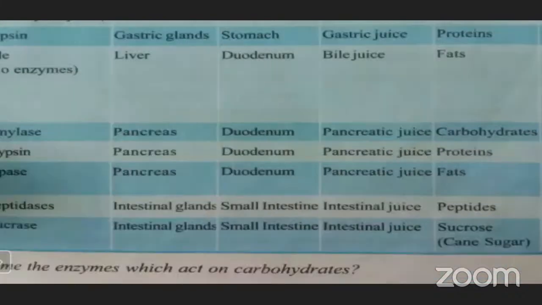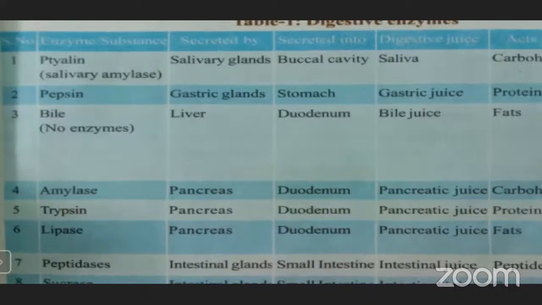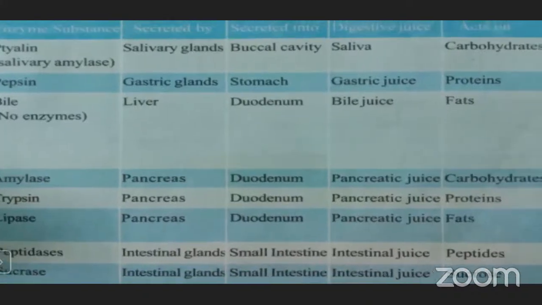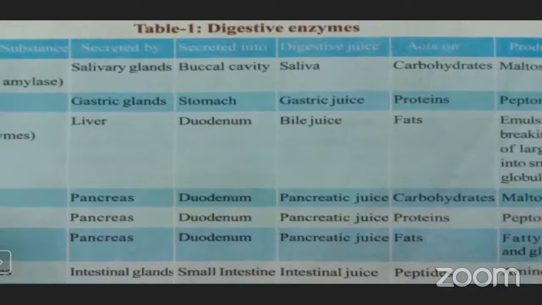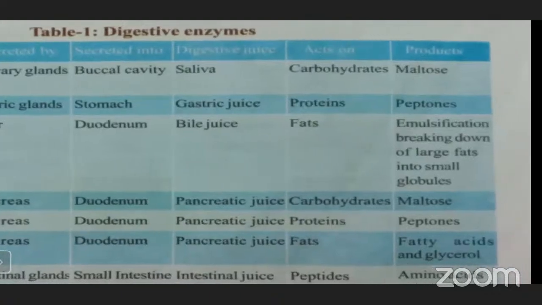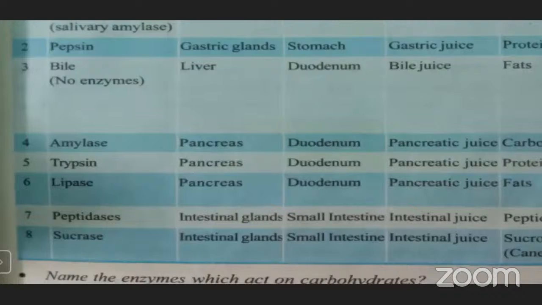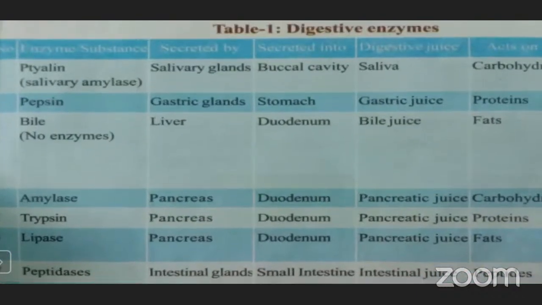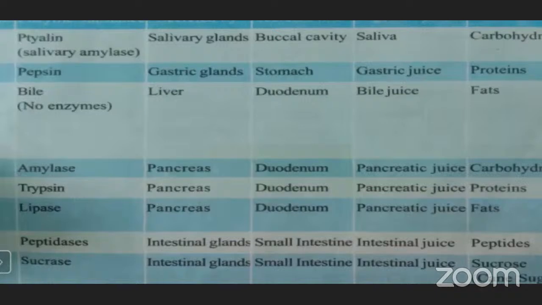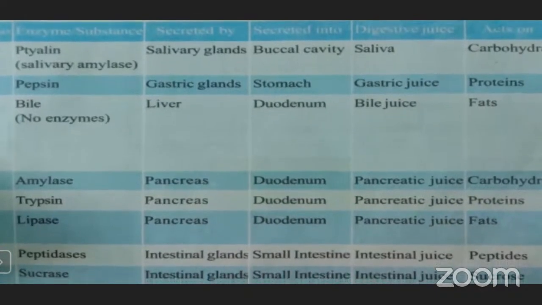And next one is amylase, secreted by the pancreas into the duodenum. The digestive juice is pancreatic juice, it acts on carbohydrates and the product is maltose. Fifth one is trypsin, from the pancreas, secreted into the duodenum, digestion juice, pancreatic juice.